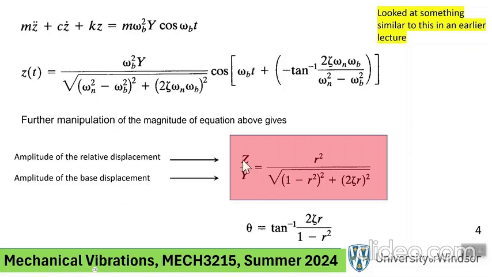Okay, so big Z is the amplitude of the motion of the mass. This is big Z. And big Y is the amplitude of the motion of the base, wherever this accelerometer is mounted.